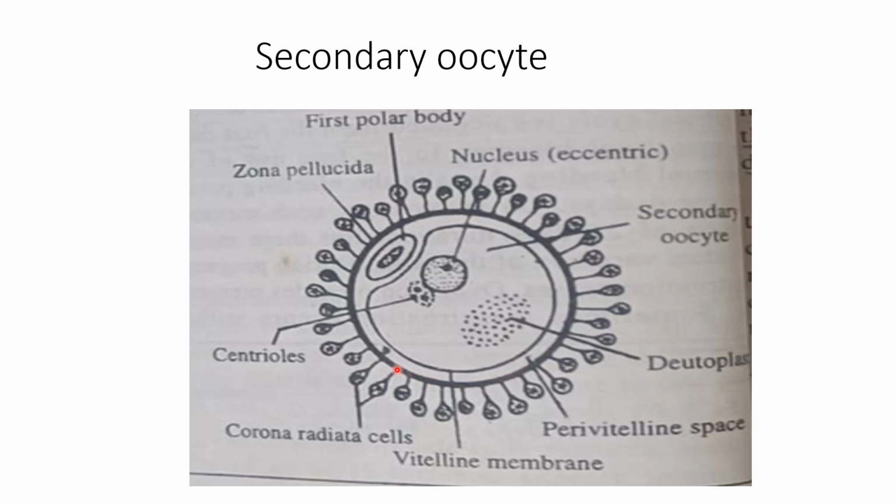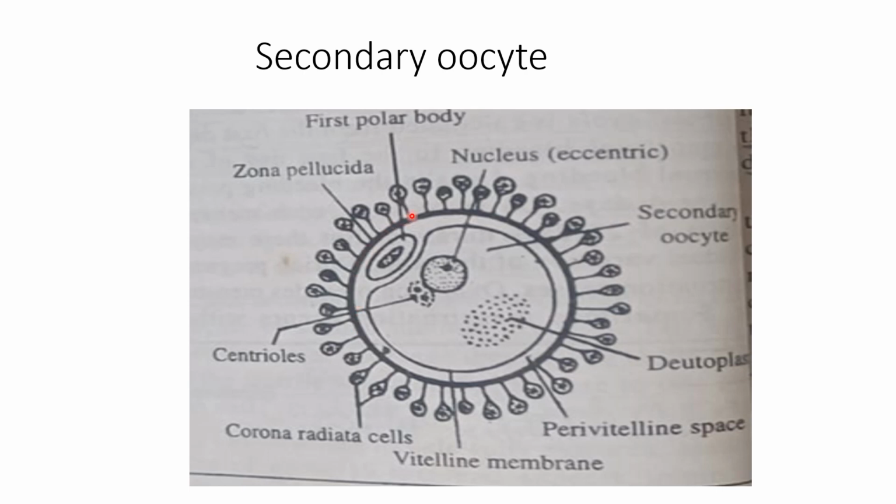Zona pellucida develops from both the oocyte as well as follicular cells, and it shows striations as microvilli are present from the side of the oocyte. This will help in diffusion of nutrition from the follicular cells to the developing oocyte.